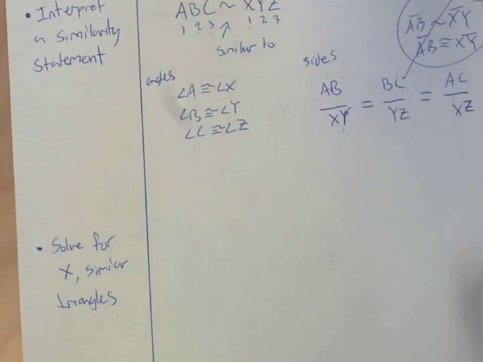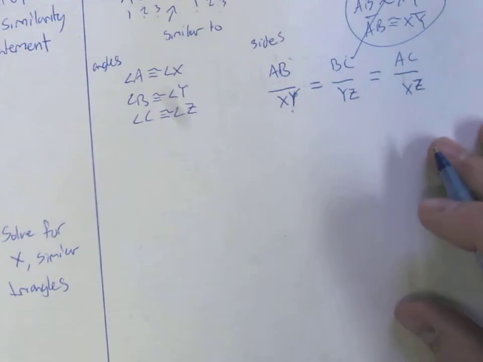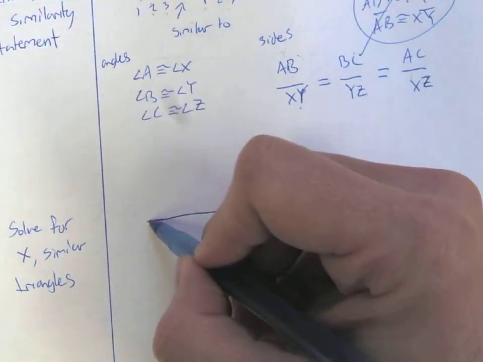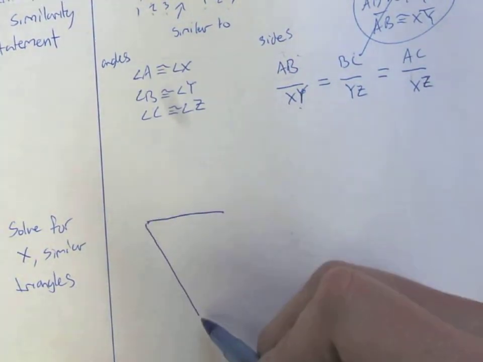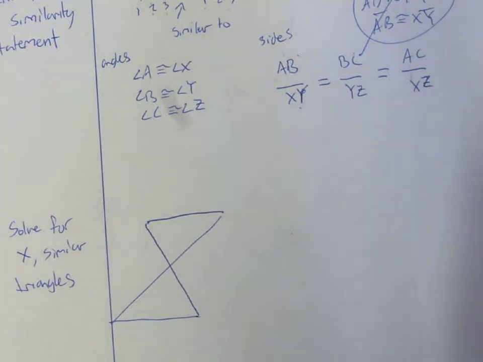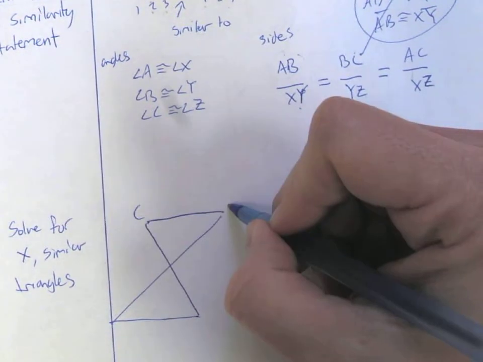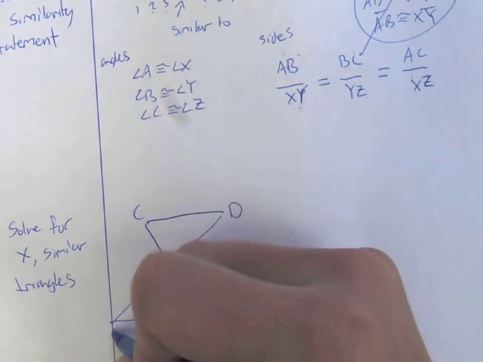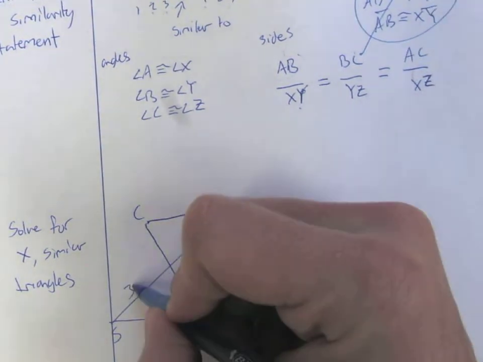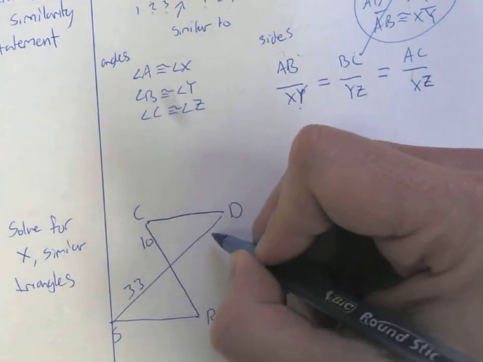Okay, so we're going to draw this picture out here, and we got a couple triangles. It's going to look a little bit like this. So kind of an hourglass shape here. Okay, we're going to call this C, D, S, R, and we're going to put some measurements here.